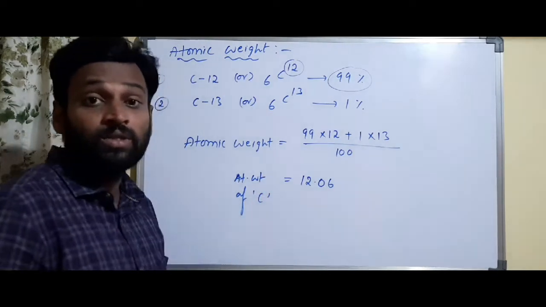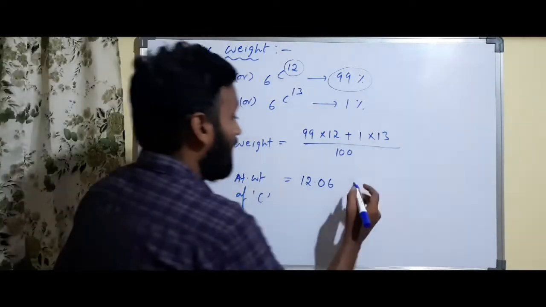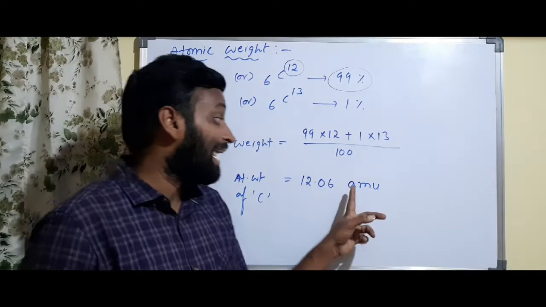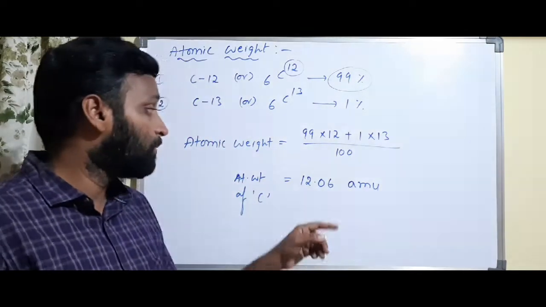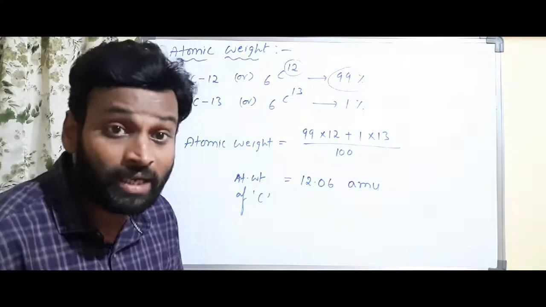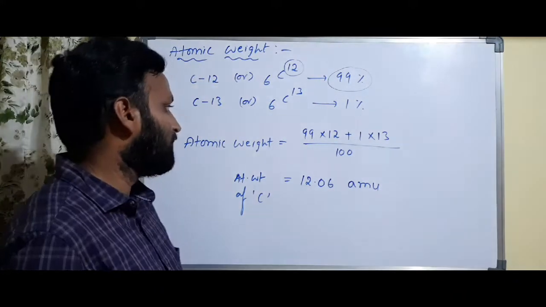Do you know the units of atomic weight? The atomic weight of one particular atom is in AMU. AMU means atomic mass unit. This is a very important thing.